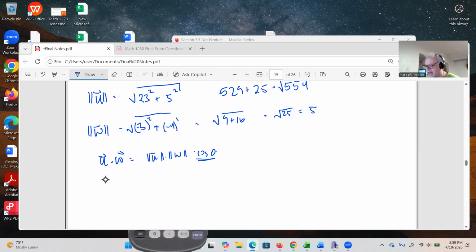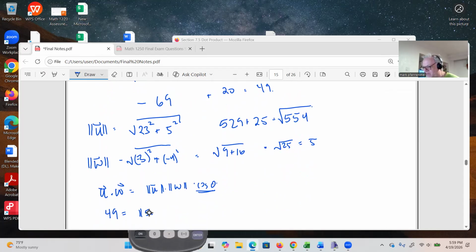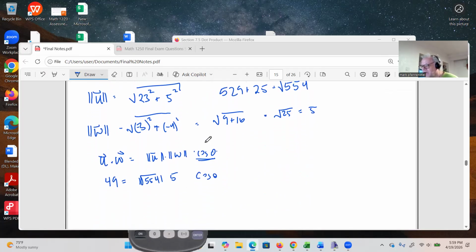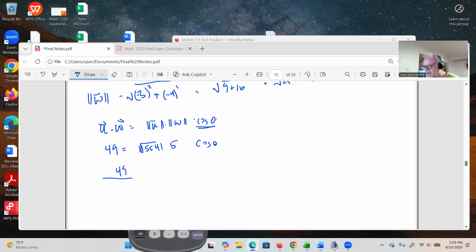On the other side, we have the square root of 554 times 5, times the cosine of theta. So the cosine of the angle between them is going to be 49 divided by 5 square roots of 554.